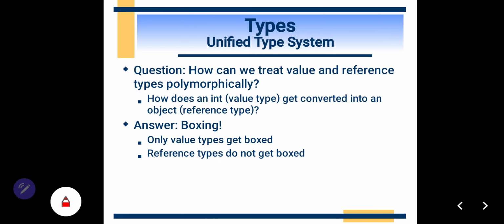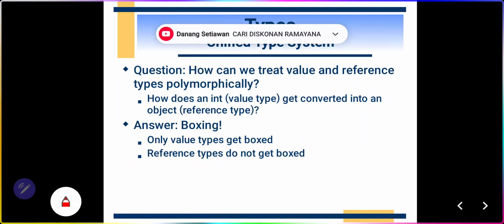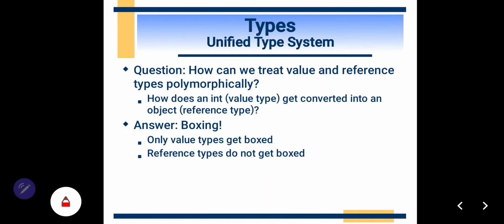Question: how can we treat value and reference types polymorphically? Okay, I will remind you here. Value will be stored in stack, whereas reference will be stored in heap.